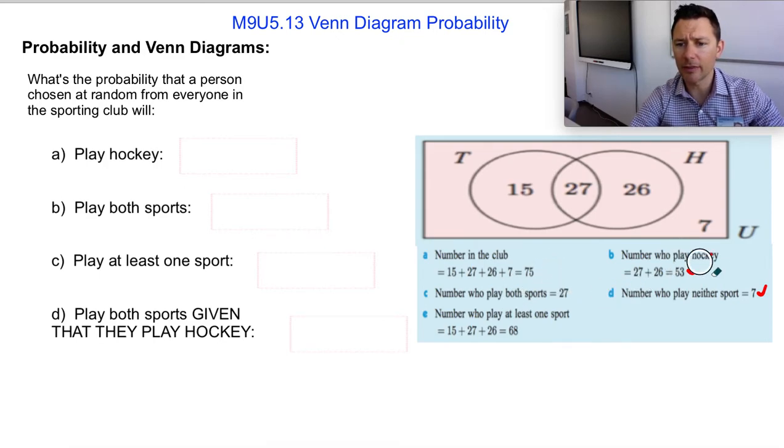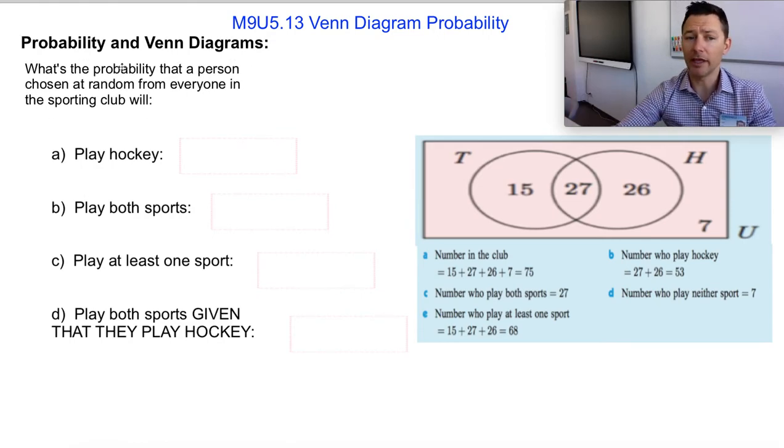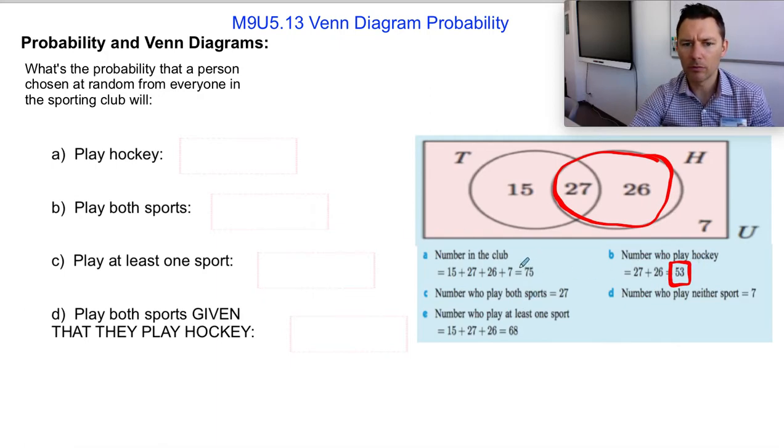So we're going to take those raw numbers and apply some probability. So what's the probability that we pick somebody at random off a list of everybody that's in the club and we see that they play hockey? Well, there's 53 out of the total in the club, so 53 out of 75. You divide and you get 71%. Cool.